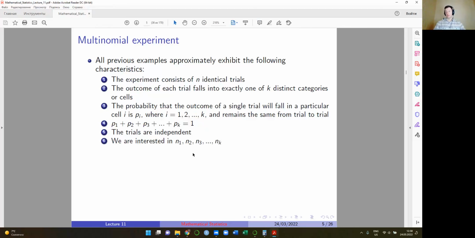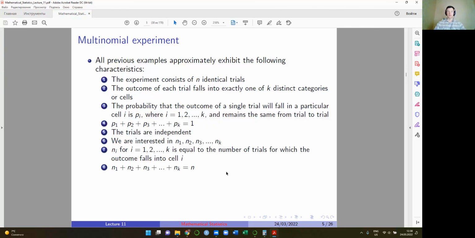And we are interested in the counts for each category. So N1, N2, N3, up to Nk are the numbers of observations that fall into the particular class or category. So N_i is the number of trials for which the outcome falls into the cell i. So the sum of these outcomes must be equal to the number of trials.